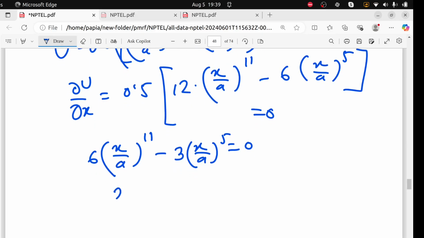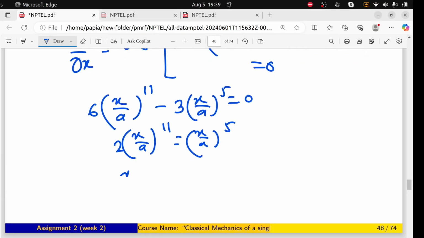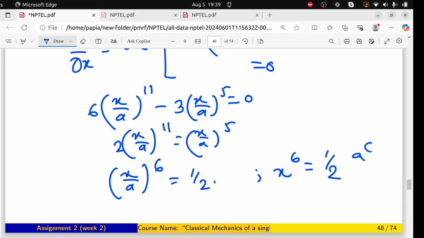So 2 x by a to the power 11 equals x by a to the power 5. Now x by a to the power 6 equals 1 by 2. So x to the power 6 equals 1 by 2 a to the power 6. x is a by 2 to the power 1 by 6.